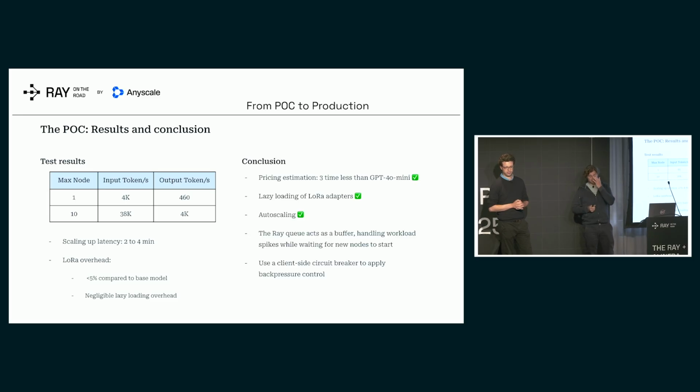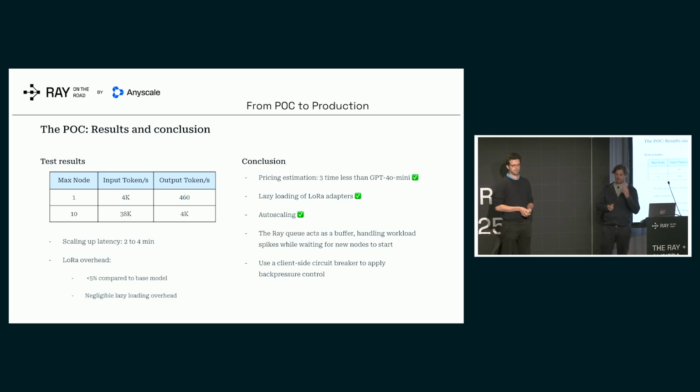So to conclude this POC, the price estimation was 3 times less with this Anyscale cluster with LoRa adapters and LLaMa 3 8 billion than the GPT-4o mini model. So lazy loading was working well, the autoscaling too, and in that case, it works because the Ray cluster and the Ray queue act as a buffer for handling the workload spikes while we are waiting for new nodes to start.